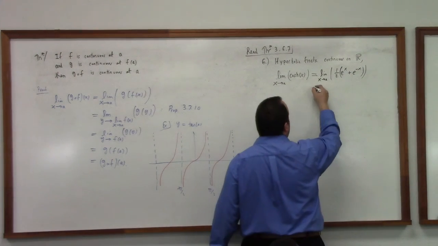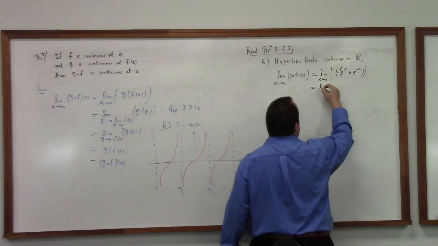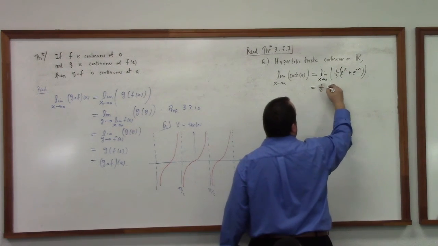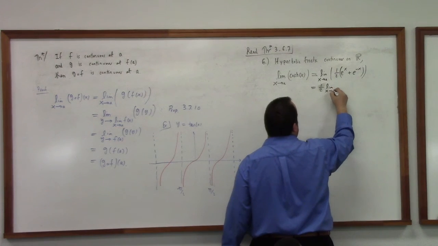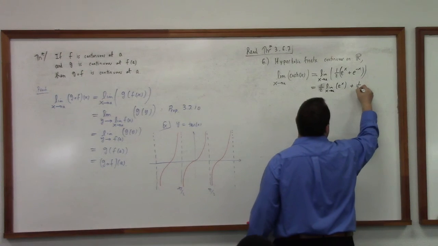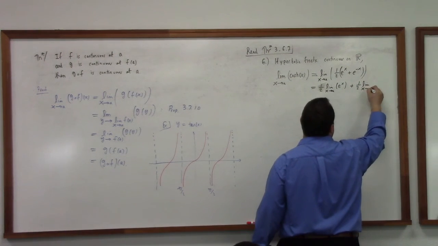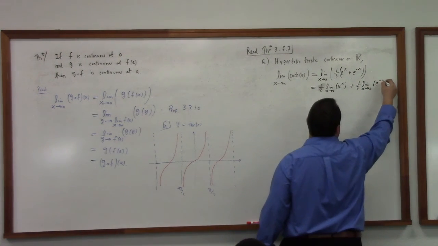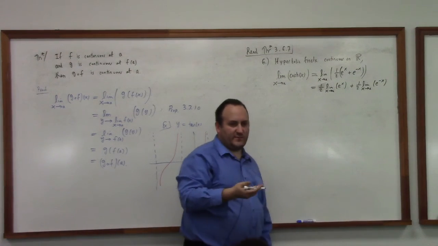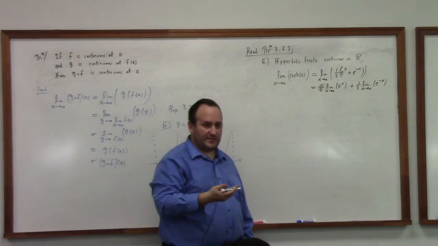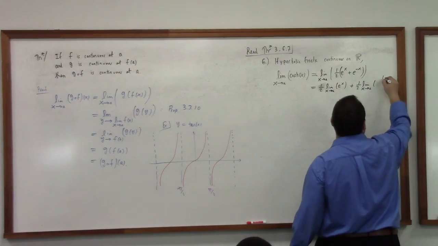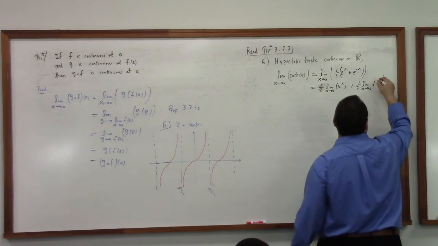So then we can pull the half out, and we have the limit as x goes to a of e to the x plus 1/2 the limit as x goes to a of e to the minus x. Now, e to the minus x I could also write as 1 over e to the x, just to emphasize something.